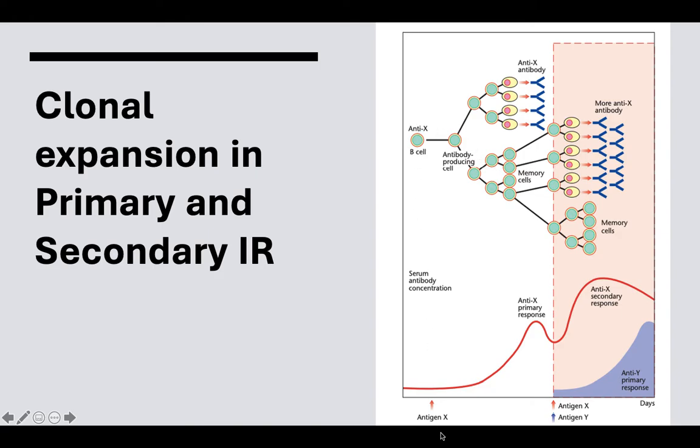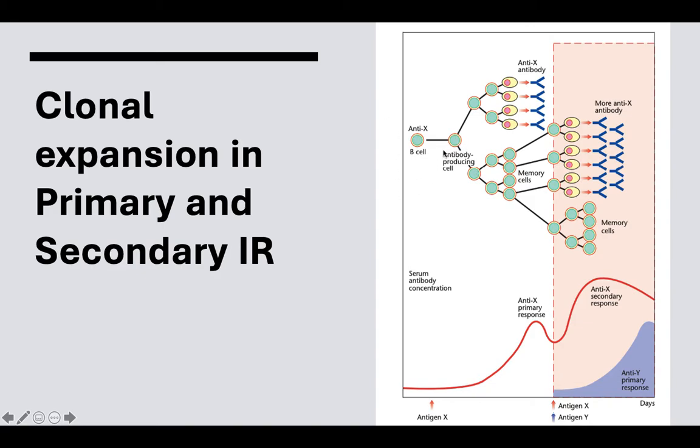After antigen X is recognized by specific B cells possessing receptors capable of recognizing the antigen, it will initially produce a mother antibody producing cell.